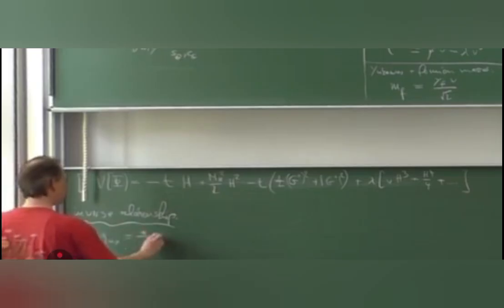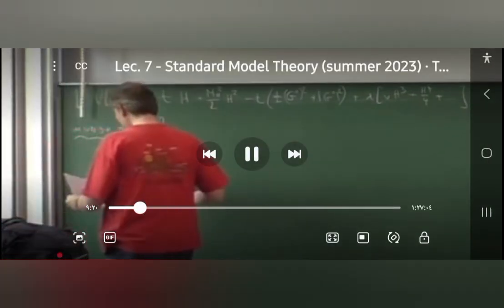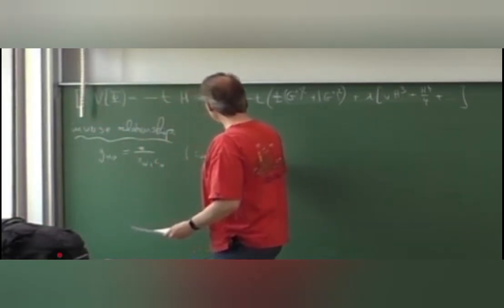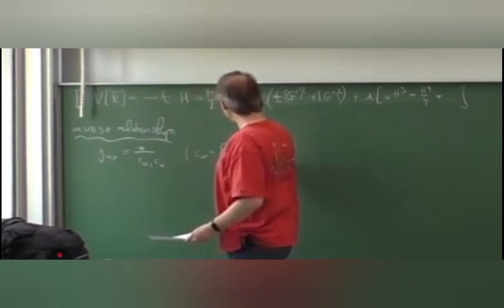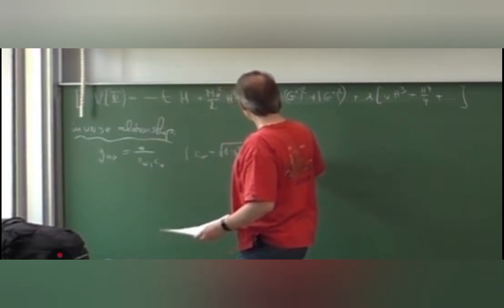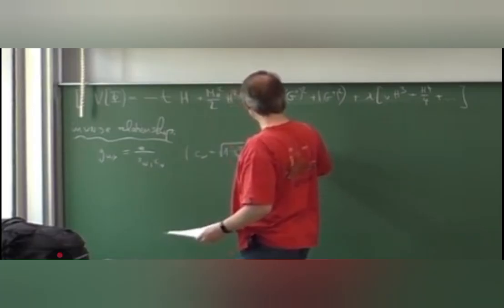Which is g_W and g_Y are given by e divided by s_W or c_W, where now c_W, equal to square root of 1 minus s_W squared, is defined as the ratio of m_W over m_Z.